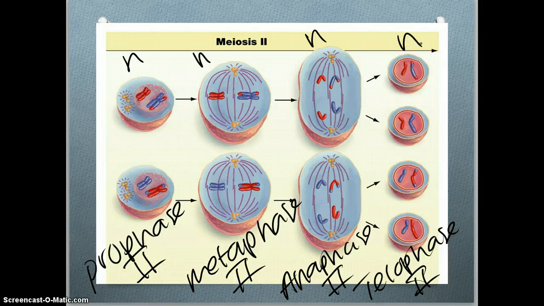The whole purpose of meiosis 2 is basically to separate our replicated chromosomes, just like mitosis. So meiosis 2 and mitosis are basically exactly the same process that you learned about. During prophase 2, the nuclear envelope is going to break down. You have your condensed chromosomes, and spindle fibers are going to start to attach.